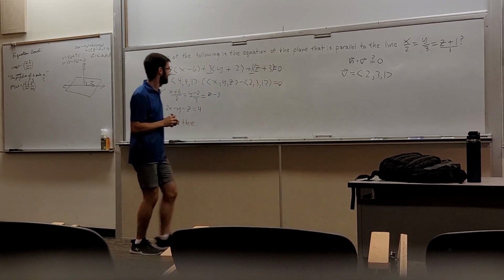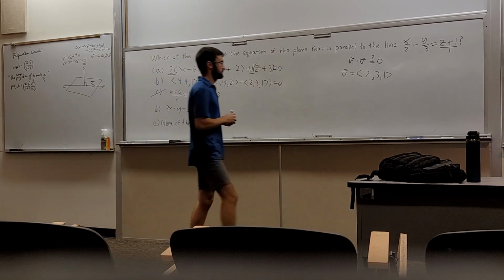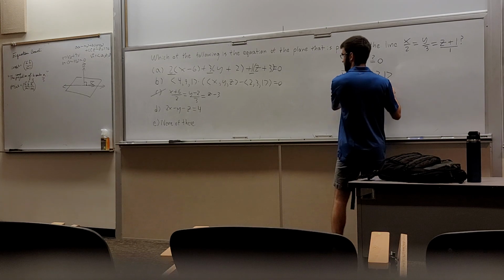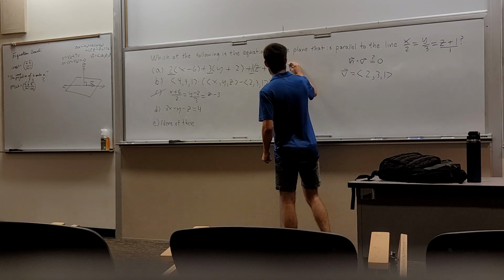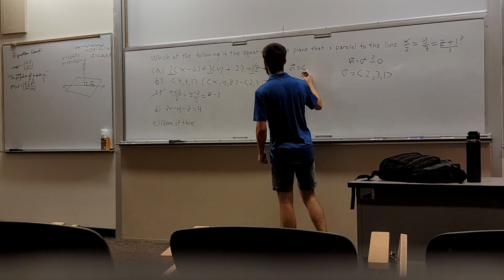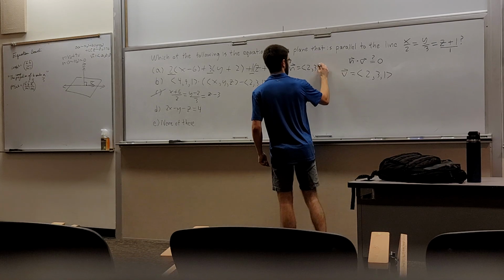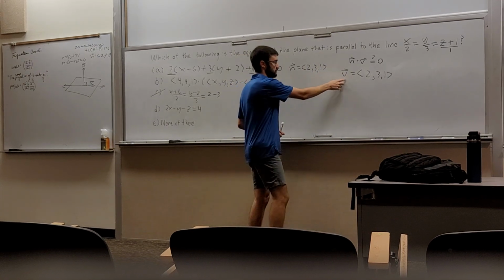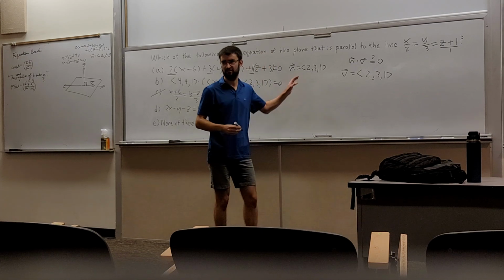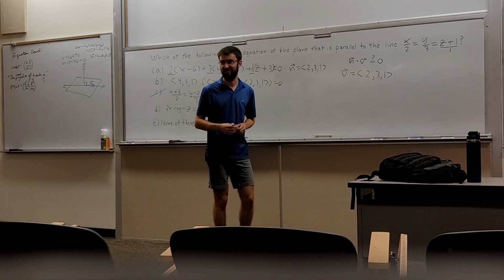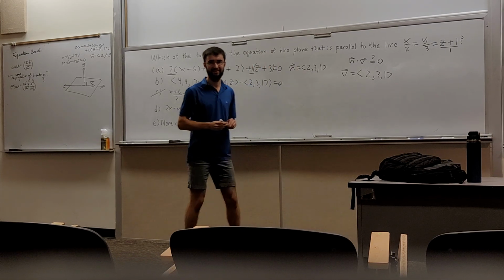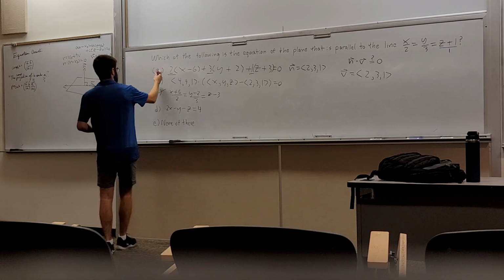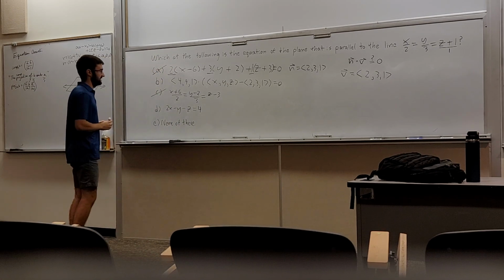So we have 1 there. So what we'll do is take 2, 3, 1 and dot it with that. So we have here that n is equal to 2, 3, 1. And does everyone see that if I were to dot the two of these, we won't get 0 because they're all positive numbers? So I'm not even going to bother computing the dot product. We know it won't be 0. So from that, we know that this is not the correct answer.